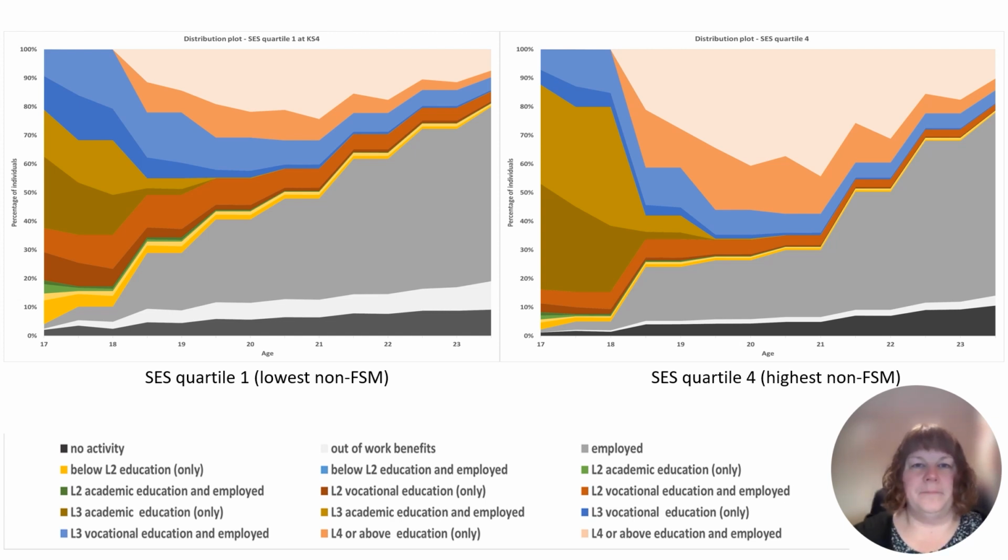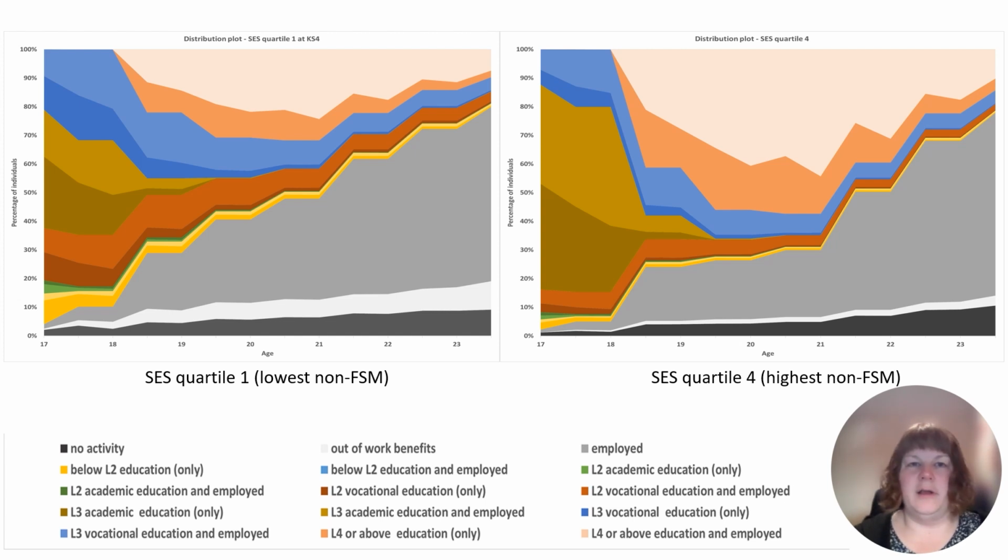In each case, we've grouped activities in different colours. The different shades of each colour tell you, in terms of the education outcomes, whether someone is working or not working at the same time. If we take the right-hand figure to start with, this is really a traditional route through an academic set of qualifications.